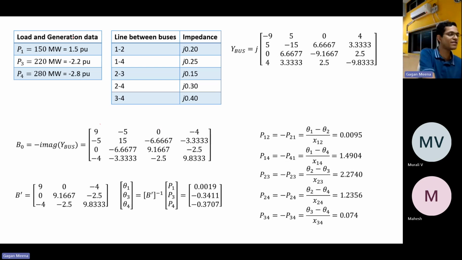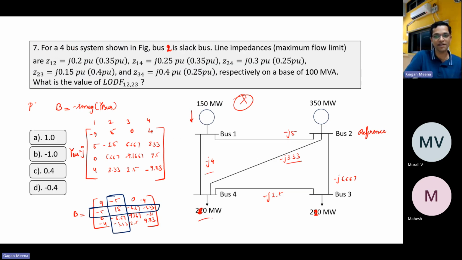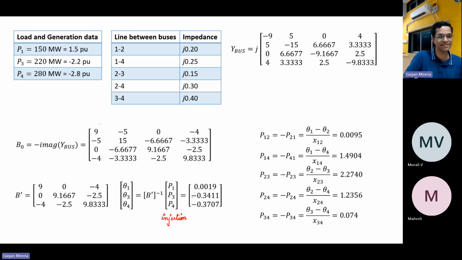This P vector is the injection vector. This you also need to keep in mind. Don't blindly just take it as 1.5, 2.2, 2.8. All these P vectors should always be injection.